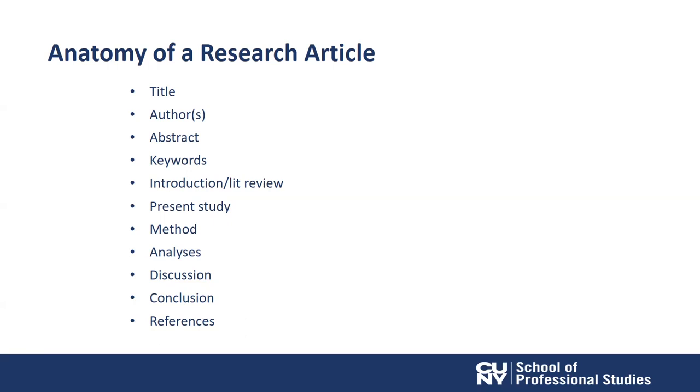The literature review will typically be organized in a way where it presents the independent or predictor variables, and then it's going to present the dependent or result variables. You also will typically have a theoretical context that's presented, and you may start off the introduction with some interesting statistics on the topic.